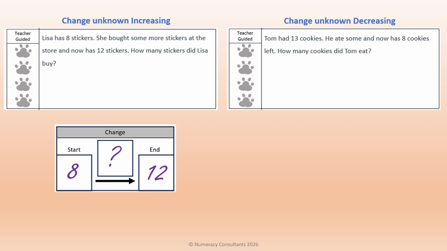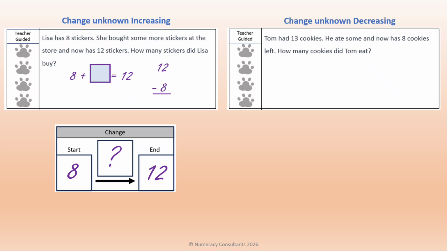So once you set this up, you're going to have some options for your students, right? The first is you could say, well, we have 8 plus something equals 12. And you could set the equation up as a missing addend. And remember, this is only going from 8 to 12, so this is something that could easily be set up as a missing addend, and they just go 8, 9, 10, 11, 12.